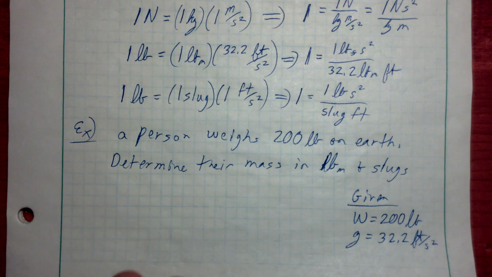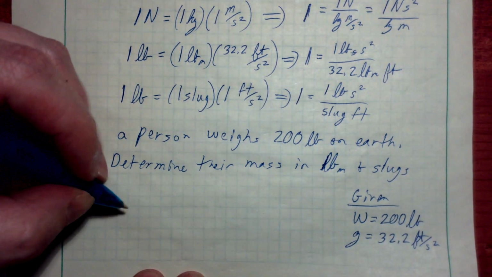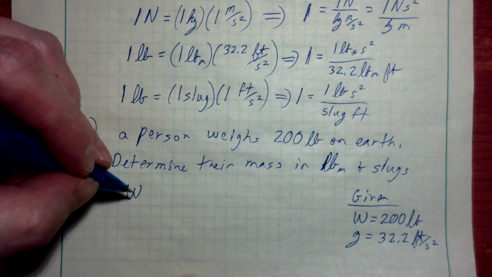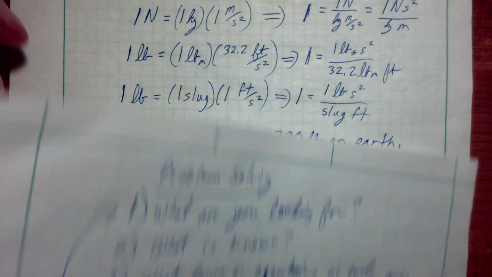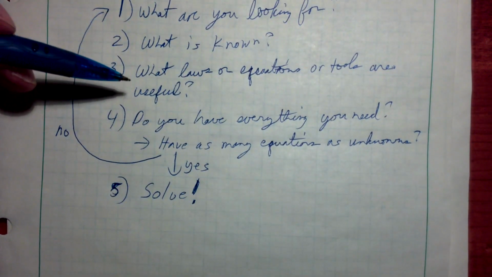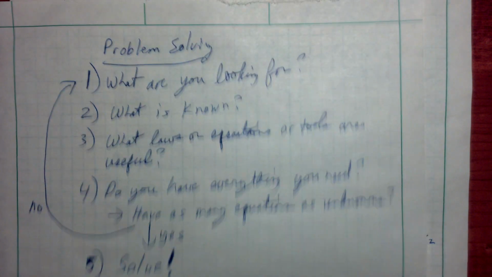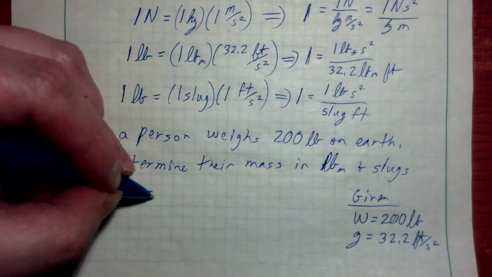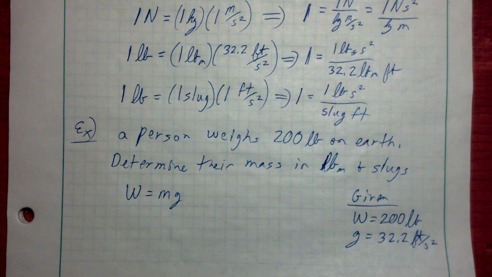So what do we do from there? Well, we're going to say, again, the next step in the process, what's a useful law or equation or tool? I know that the weight is equal to mass times little g.